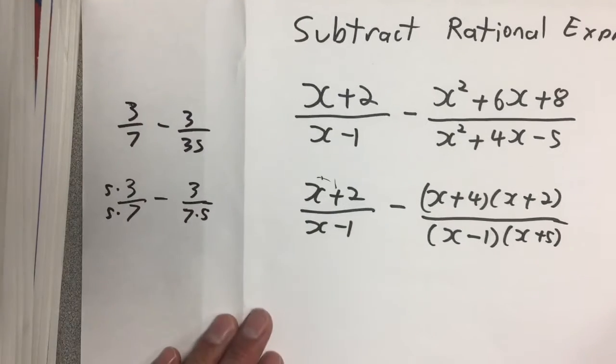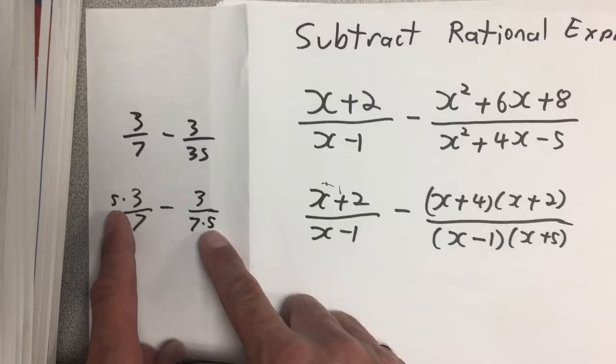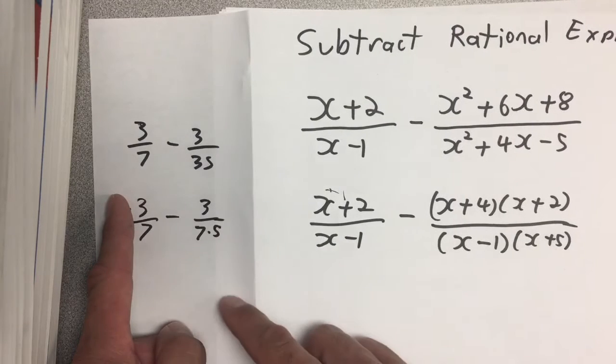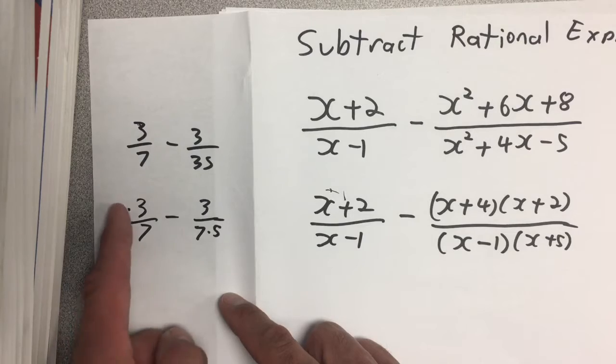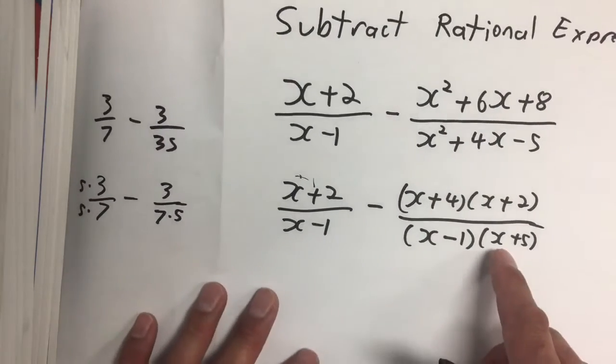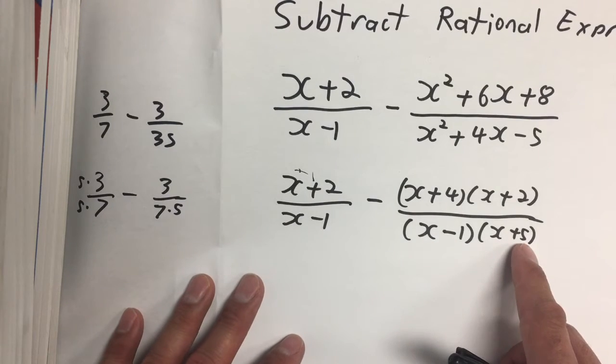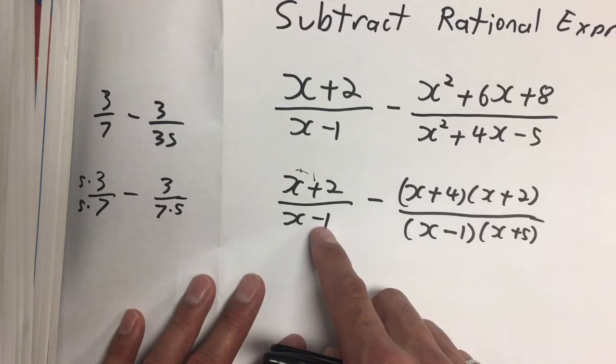Now, do you see how in this case we had 7 times 5 on the bottom here and 7 on the bottom here? So we created a common denominator by multiplying top and bottom by 5. If you look here, we have x - 1 times x + 5 here, and we have x - 1 here.